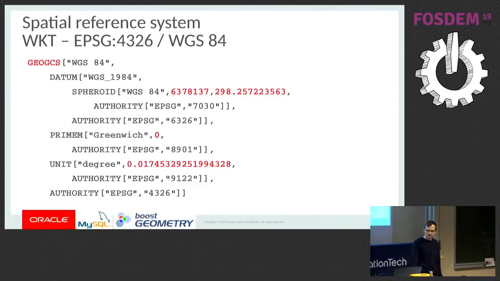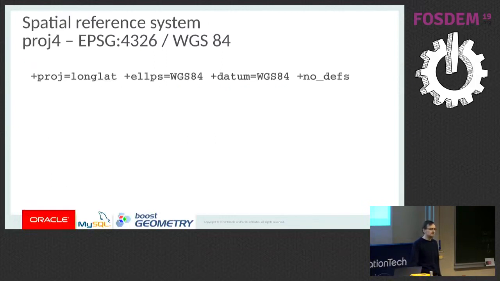And this is the same coordinate system defined in a Proj4 string. So Proj4 is a well-known library written in C with wrappers to many languages. And this is how projections are defined in this library.